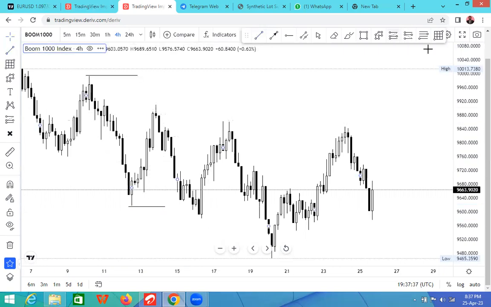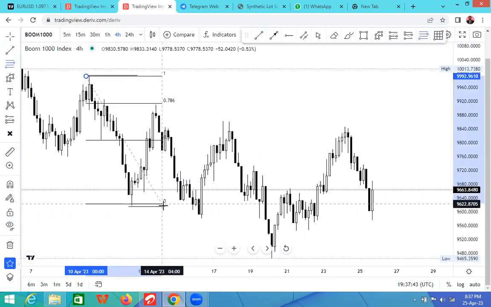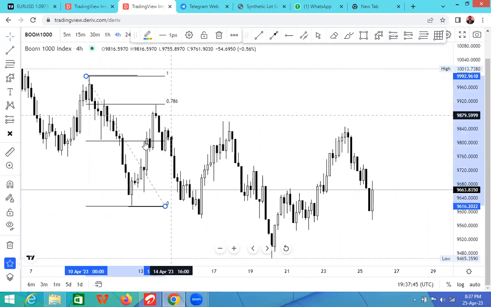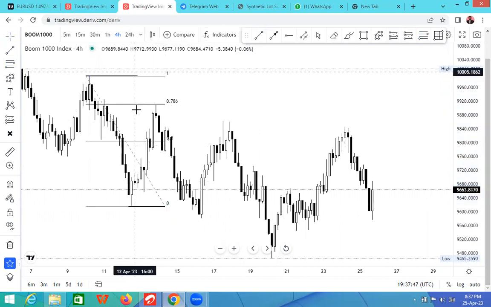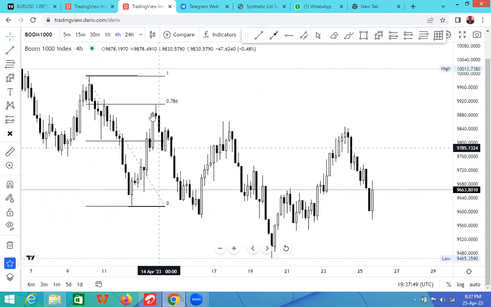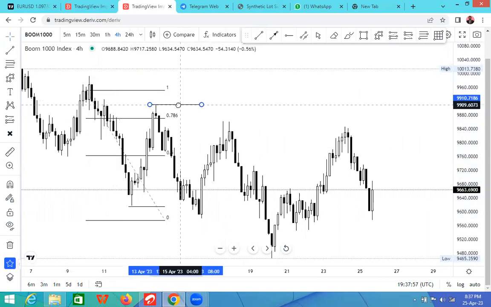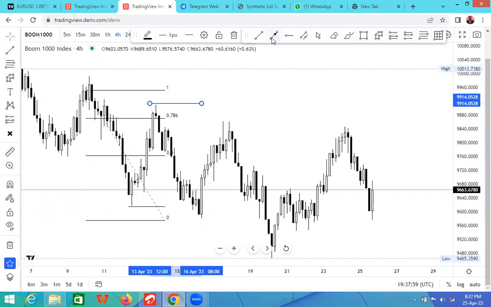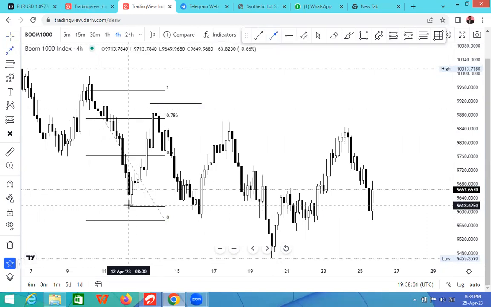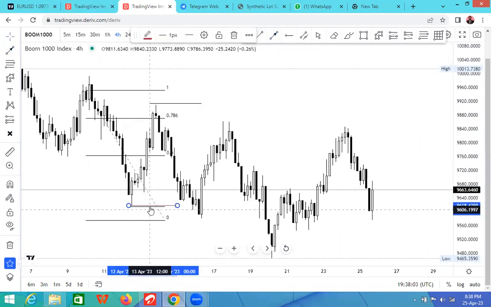If I carry my Fibonacci retracement tool from here to this point, you will see that price made sure it went above 50%. This is premium. That was where price sold from. So we're not trading this in isolation. Now let's go to the next range. After price broke this structure down, price gave us this break of structure down, and this became my next range.